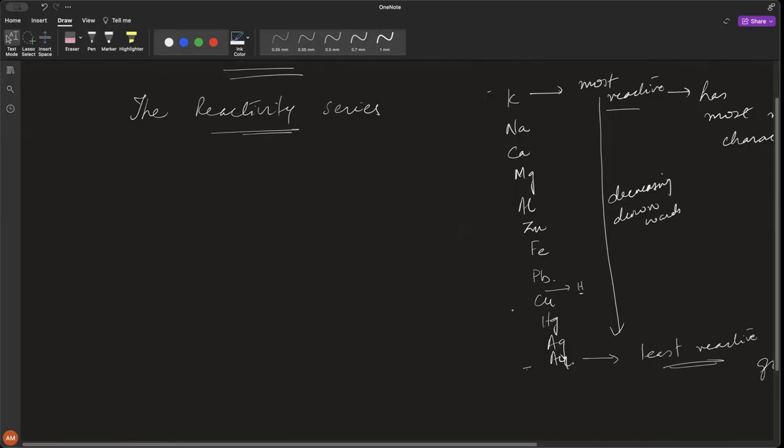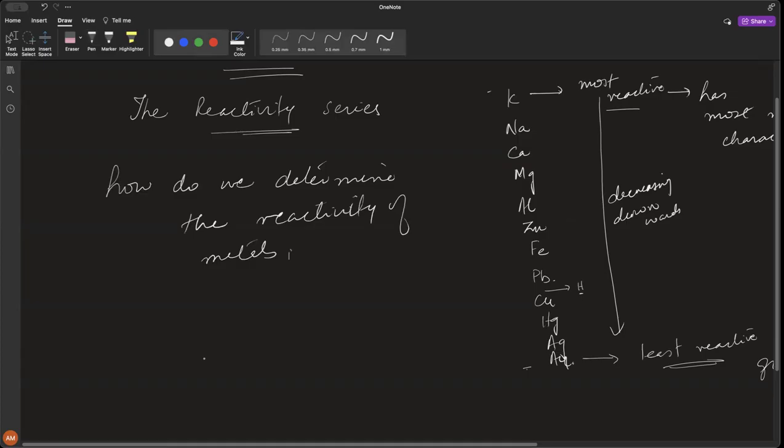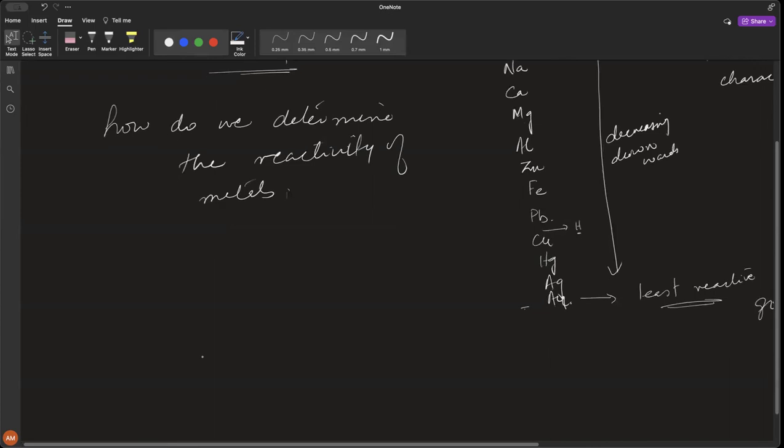All right. How do we determine the reactivity of metals? Basically, there are three methods.